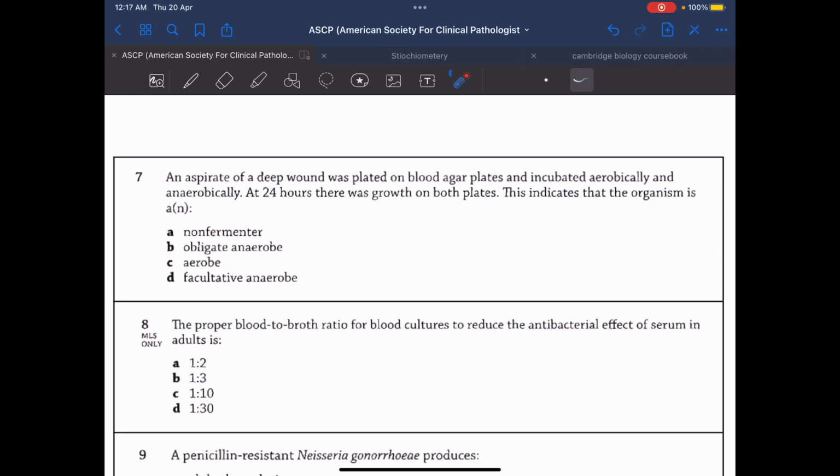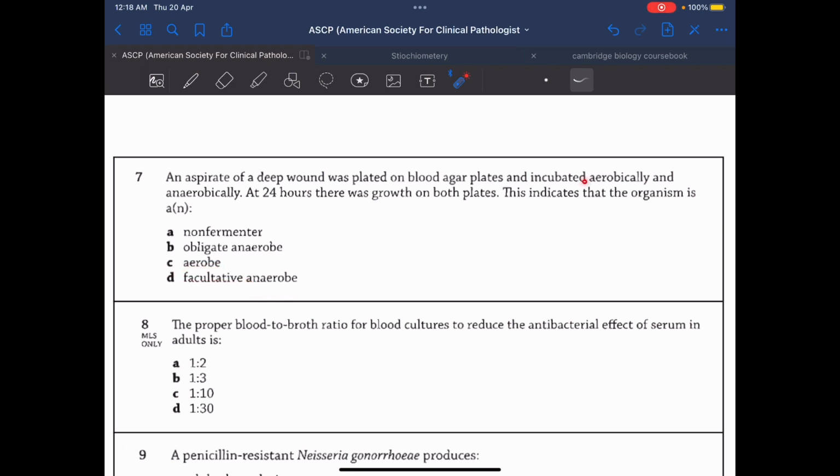Question number 7. An aspirate of a deep wound was plated on a blood agar and incubated aerobically and anaerobically. At 24 hours, there was growth on both plates. This indicates that the organism is a non-fermenter, obligate anaerobe, aerobe, or facultative anaerobe.